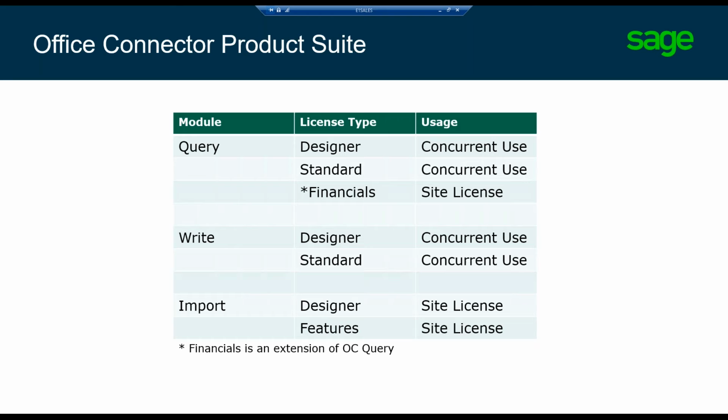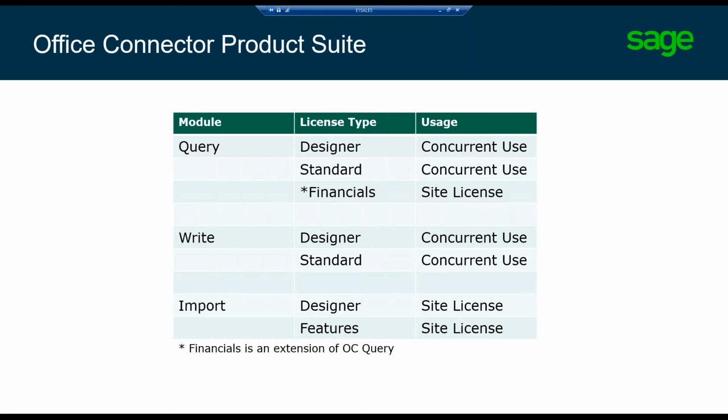I'll point out that there's a designer and standard license for query and write. The designer allows you to build Sage-centric content inside of Excel, and also refresh workbooks that have already been created, or create a workbook from a template, which you'll see me do in this presentation. A standard license only allows you to refresh. That's for the query, and the same with write.